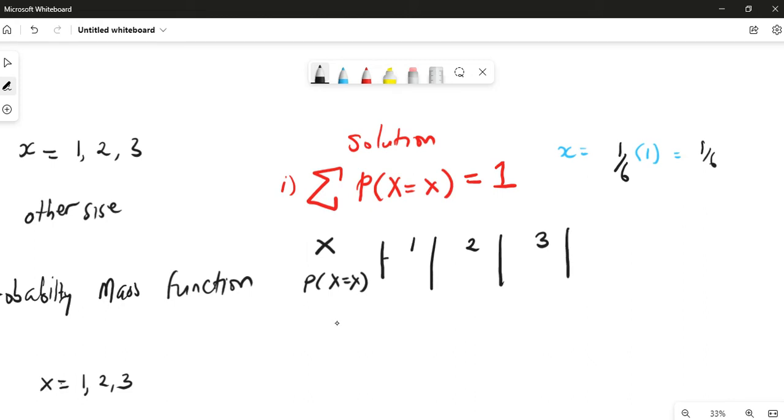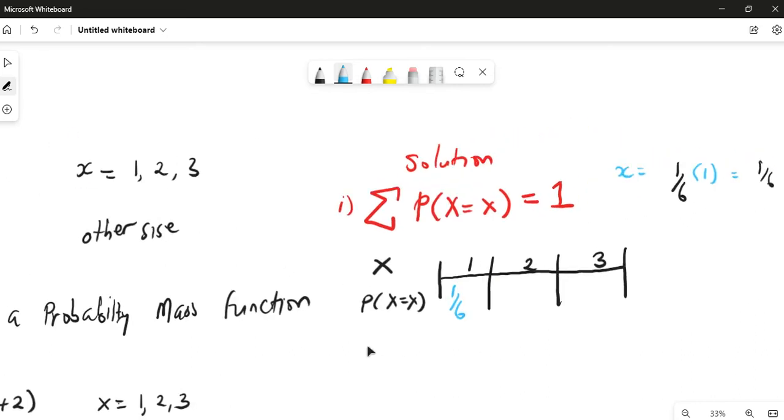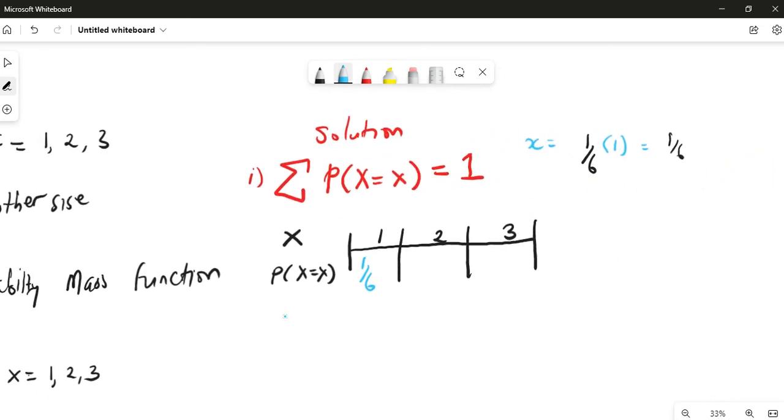So here on our table, the probability is 1 over 6. When x equals 2, I'm going to put here 1 over 6. We substitute with 2 here, which equals 2 over 6.